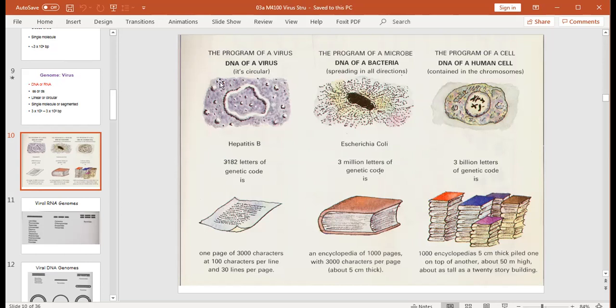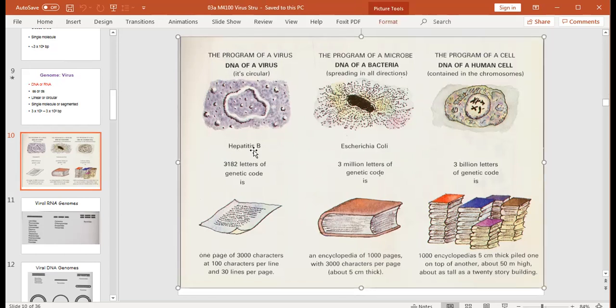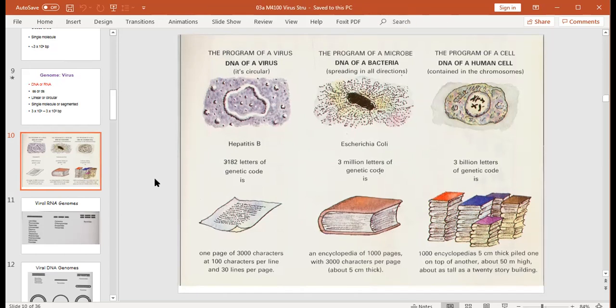And lastly, the genetic information encoded in the DNA of a virus such as hepatitis B is a very small amount, and it's comparable to one single sheet of information.